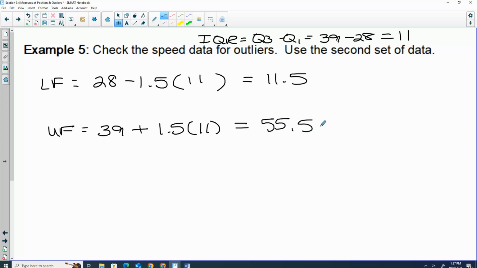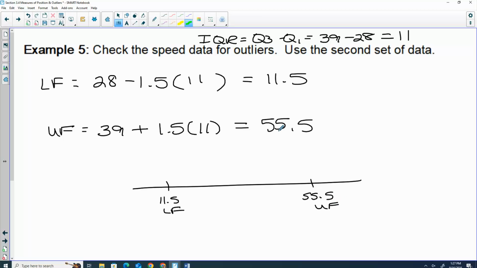Any speed bigger than that would be an outlier. Okay, so if you need a visual, 11.5, that's my lower fence. 55.5 is my upper fence. Anything here or here would be considered an outlier. So what are my outliers?